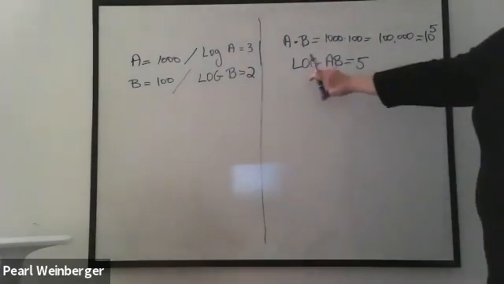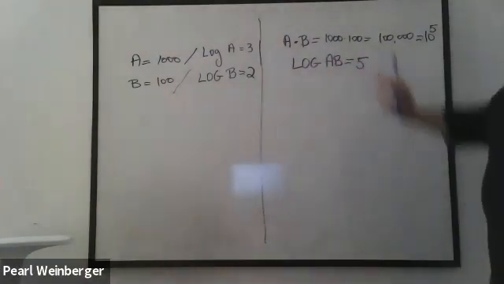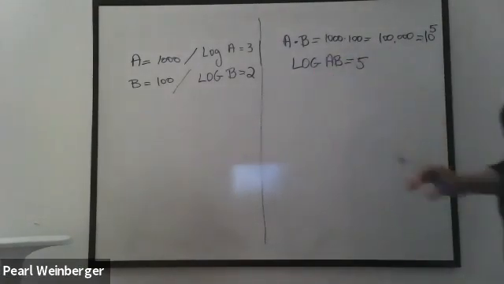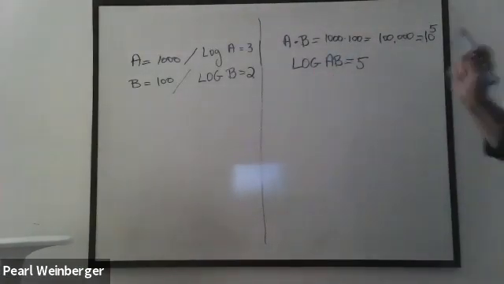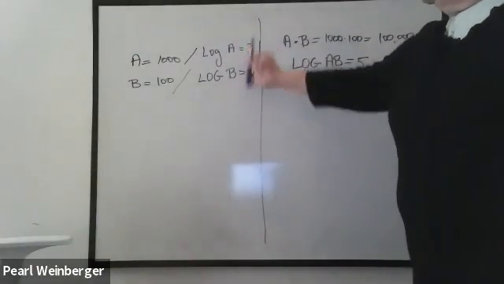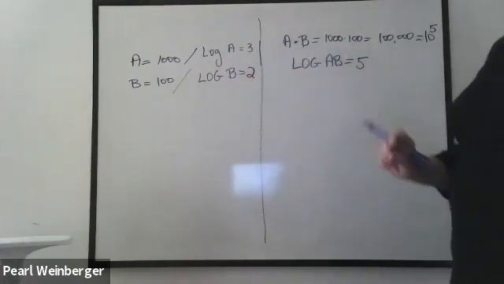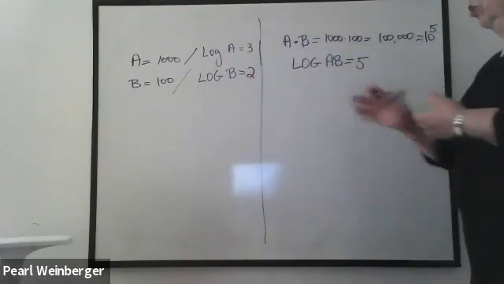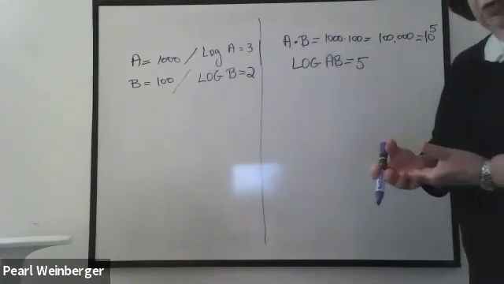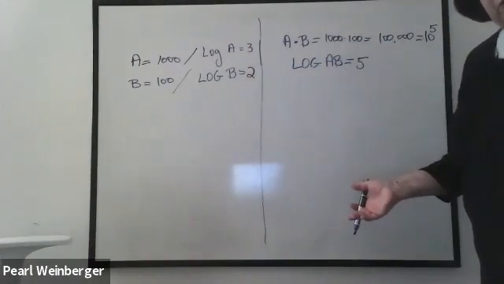Because the log is the exponent that I would put to 10 to get 100,000, and that's 10 to the 5th. Now I want you to look at something. What did we do to the log of A and the log of B in order to get the log of A times B? Normally, you would think I have A times B, so I should multiply the 2 logs. That sort of makes sense.